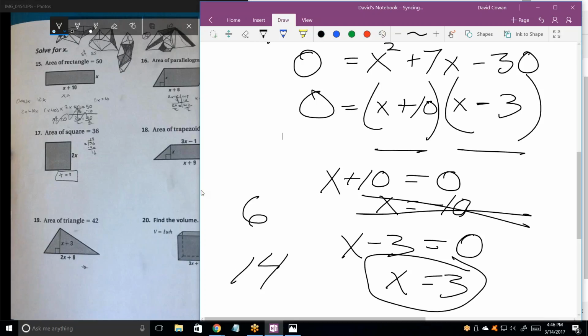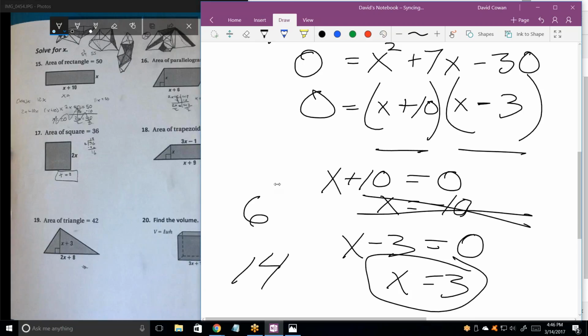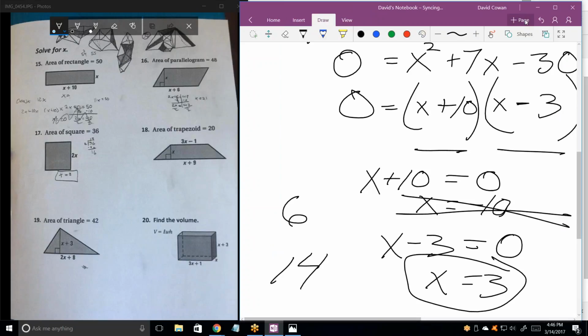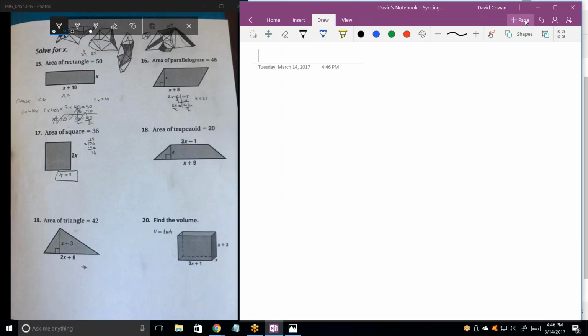All right. Let's look at 20. All right. Again, if they didn't give me any formula, I would need to know the formula for the volume of a rectangular brick. That's what I call this object.